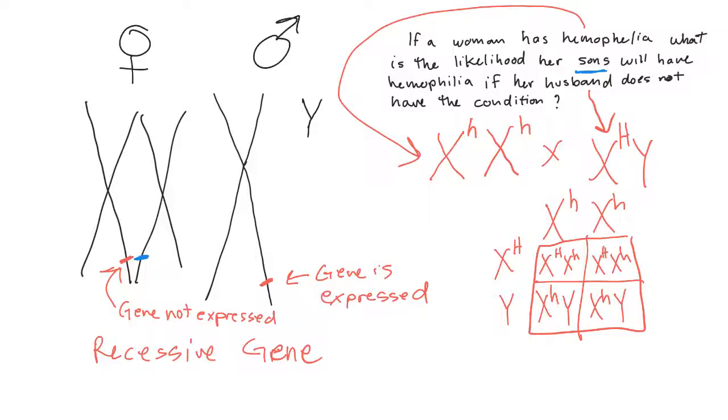So let's do another pairing. Let's say one of these daughters meets up with a dude in the temple. Okay. They get married. And then if the father has hemophilia, what's the probability that their sons will have hemophilia?